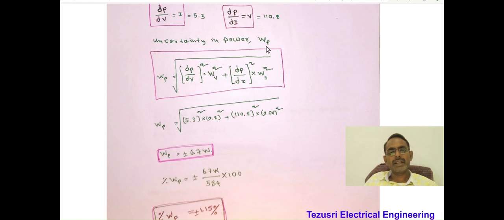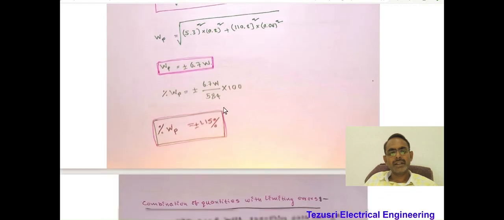Resultant uncertainty in power, wP, equals the square root of: the differentiation of P with respect to voltage, whole squared, times the uncertainty in voltage squared, plus the differentiation of power with respect to current, whole squared, times the uncertainty in current squared. Calculating this simple example, we get the uncertainty in power wP equal to plus or minus 6.7 watts.